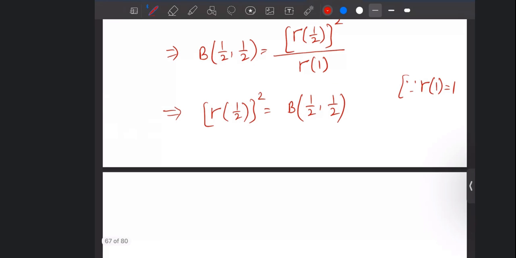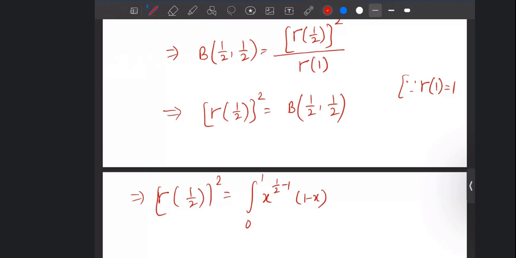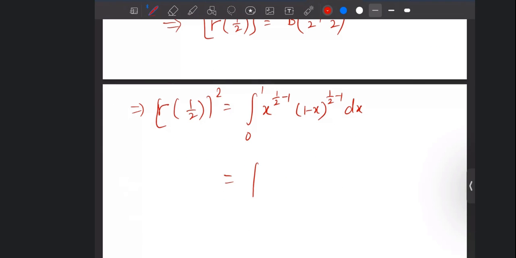Then apply the definition of the beta function on the right hand side. This implies gamma of 1 by 2 whole square is equal to integration 0 to 1 x raised to the power 1 by 2 minus 1, 1 minus x raised to the power 1 by 2 minus 1 dx, that is equal to integration 0 to 1, that is 1 by 2 minus 1 is minus 1 by 2 in both, so you will get the integration of dx divided by under the root of x into 1 minus x.